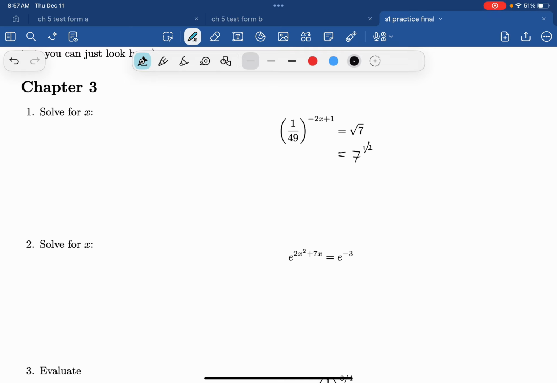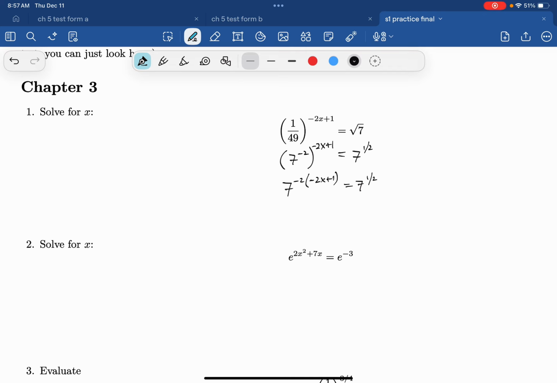And so we're able to write this as 7 to the -2 power within the parentheses, and then -2x plus 1 as an additional exponent. And of course, when exponents stack on top of each other, we know that they multiply, and so the left side is also equal to 7 to the power of -2 times -2x plus 1 in parentheses, because those exponents multiply.